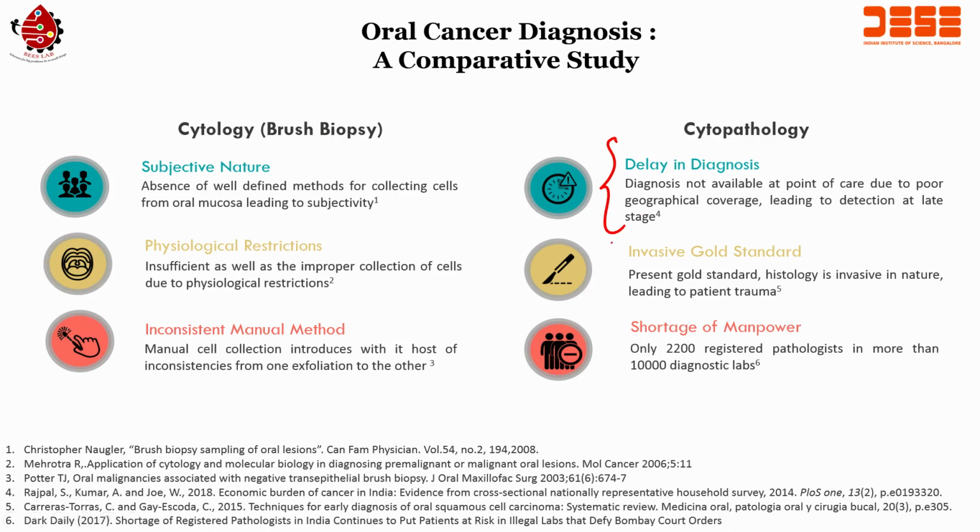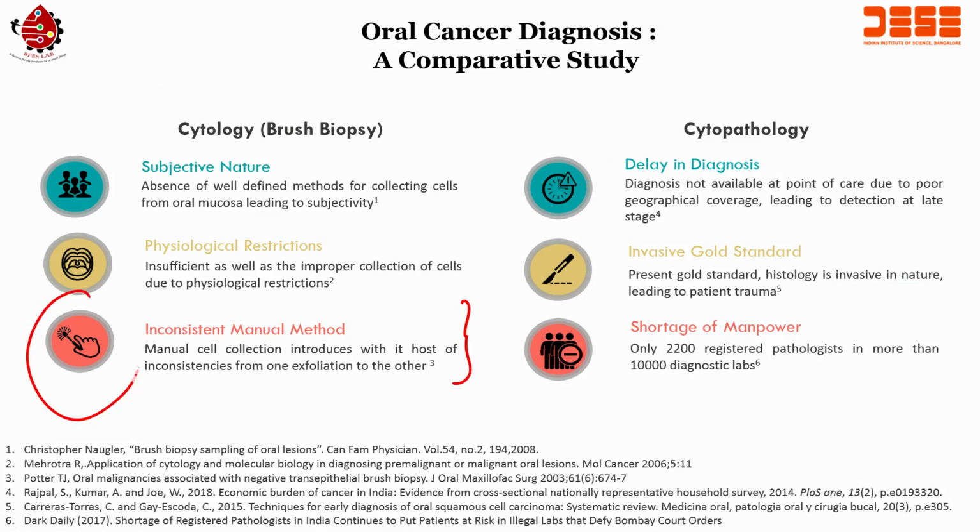In case of cytopathology, invasive gold standard, so the present gold standard histology is invasive in nature and leads to patient trauma. When you are doing any invasive surgery, it causes some kind of trauma to the patient. When we are talking about the third point, which is the inconsistent manual method, because the manual cell collection introduces a host of inconsistencies from one extrapolation to the other.